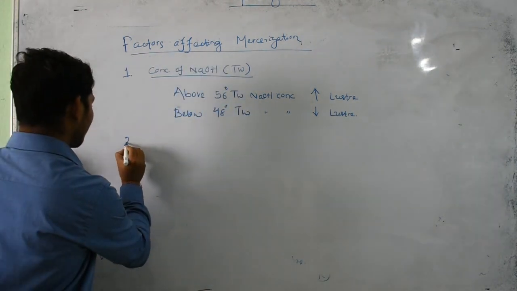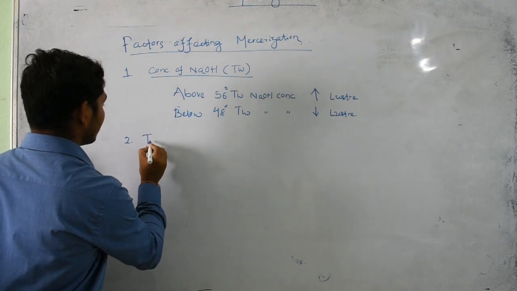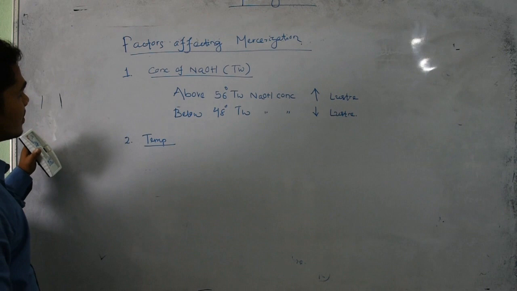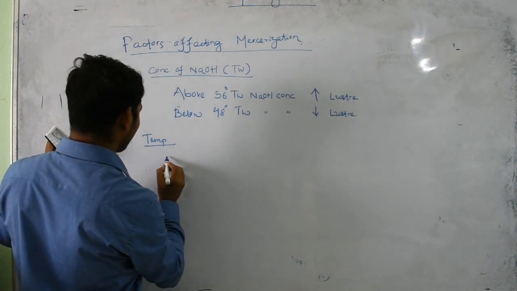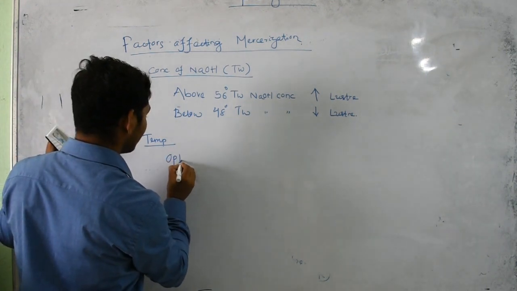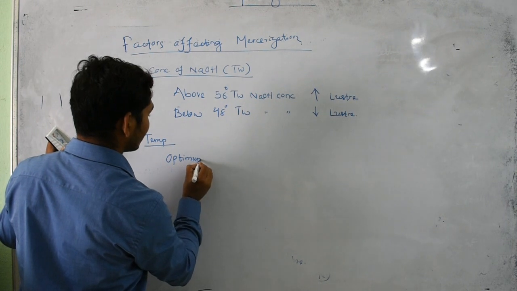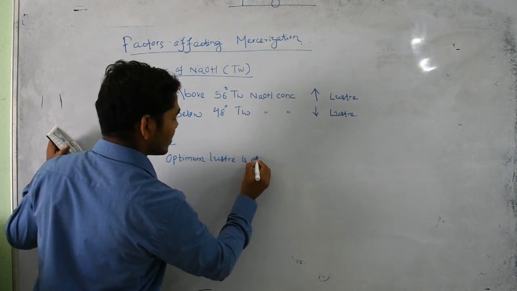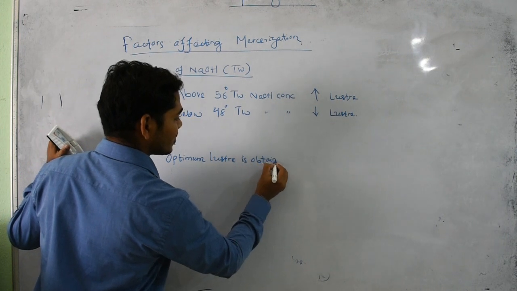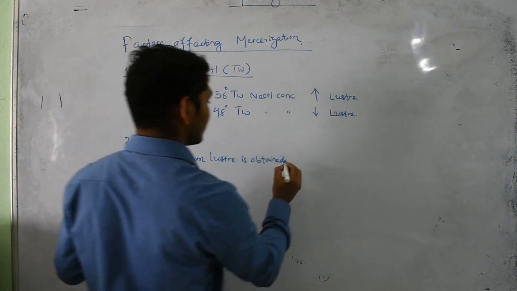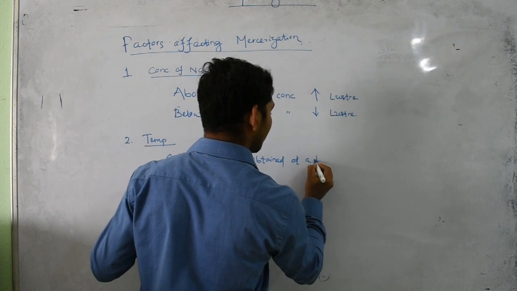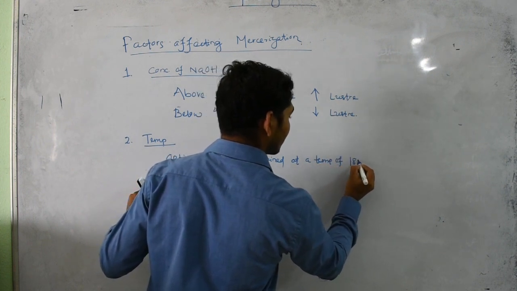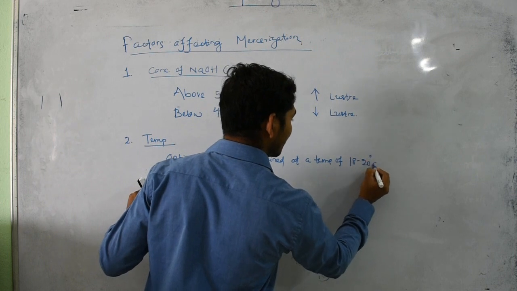The second factor is temperature. The best result is obtained at the optimum temperature: luster is obtained at a temperature of 18 to 20° centigrade.